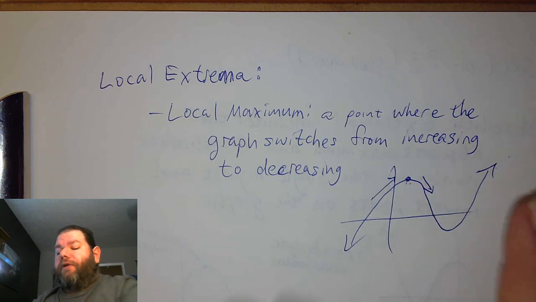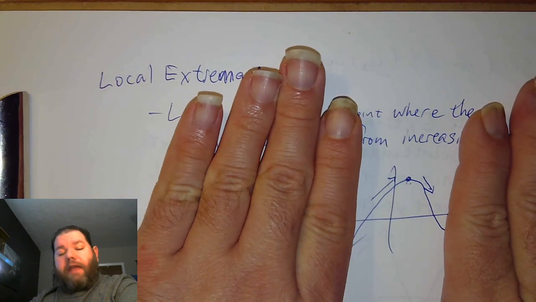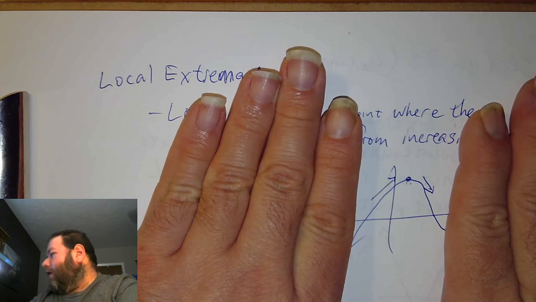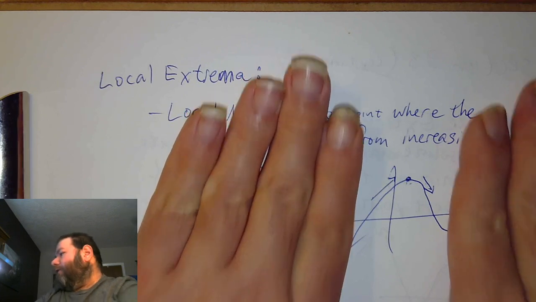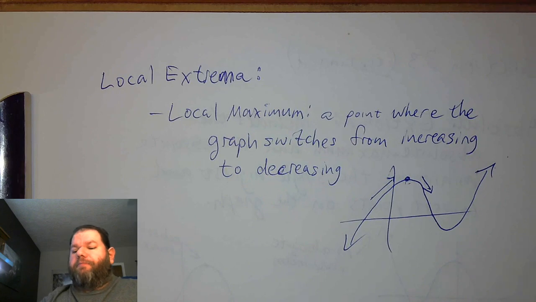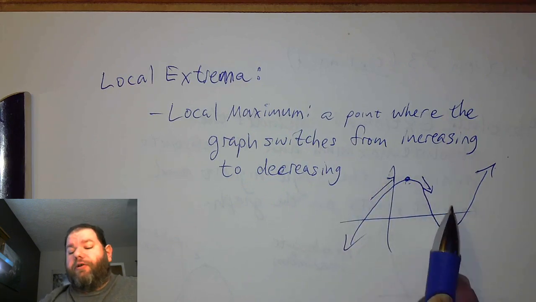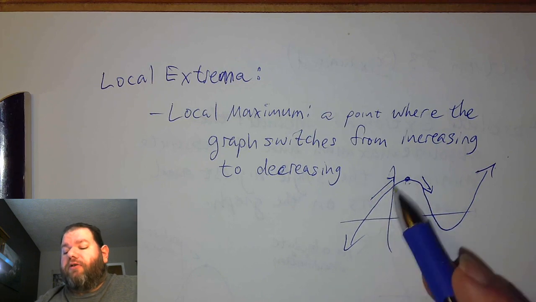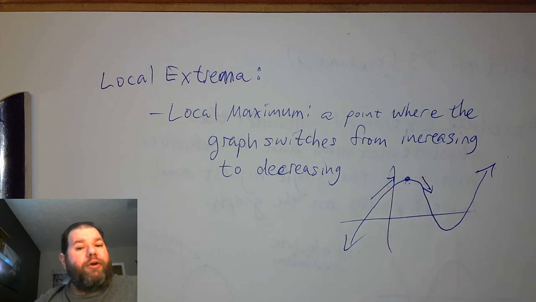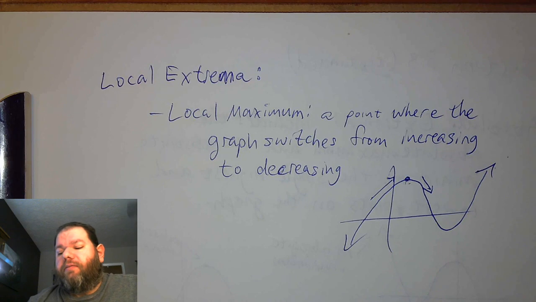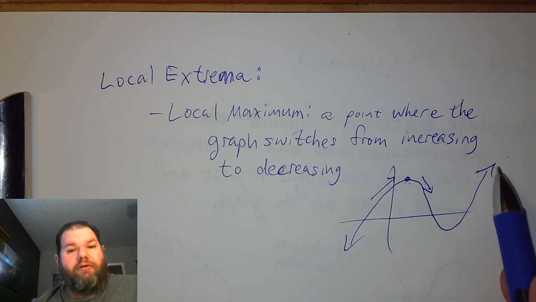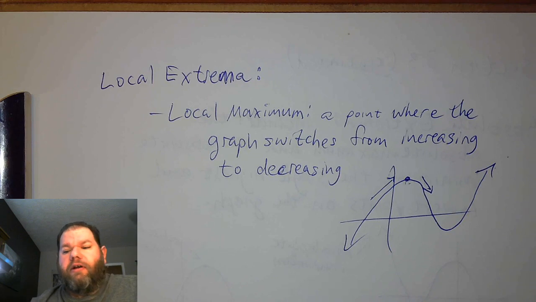And in fact, if we only looked at part of the graph, that would be the single highest point on that graph. By just looking at a certain area around that point, we can tell that it switches from increasing to decreasing, that's the highest point in that section of the graph. We can't say that over here because the arrow just keeps going. There's no way to pick a single highest point in that scenario.